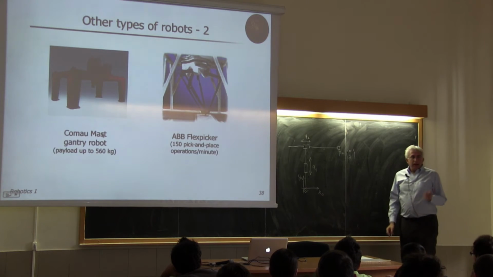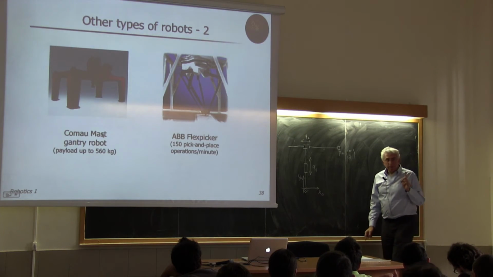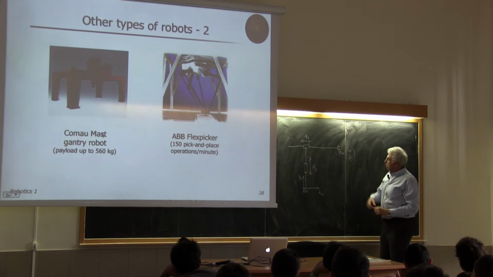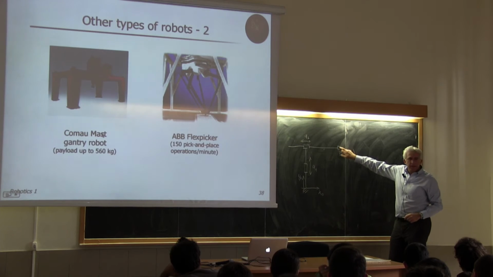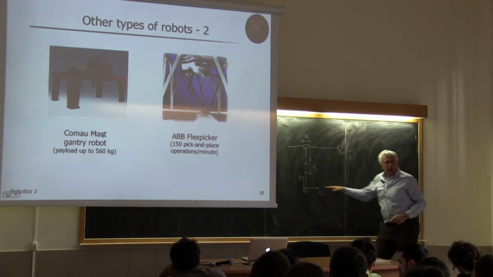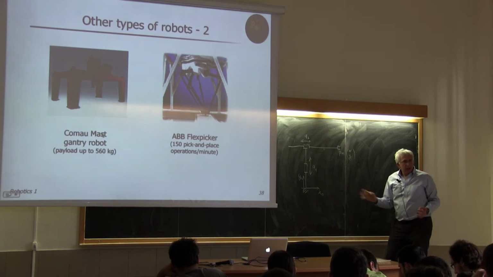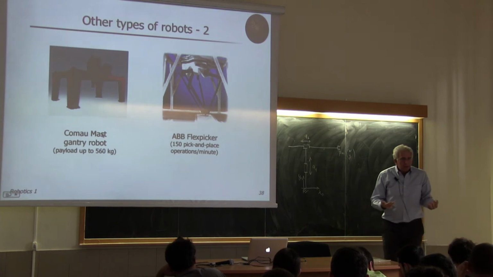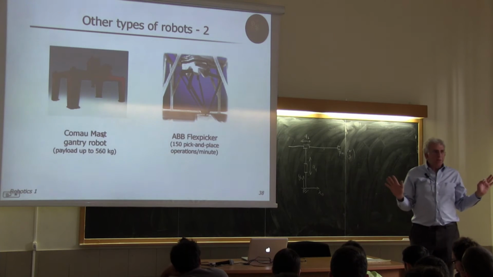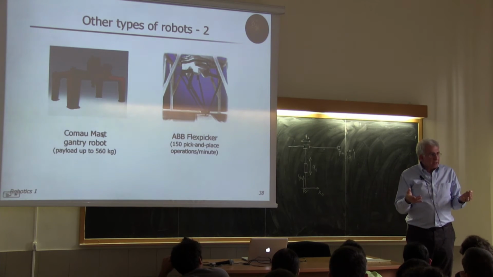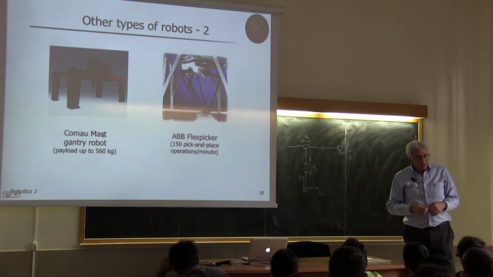Okay. There's another aspect. Pay attention. This is one case. But of course, I could position this end effector by first moving along the x-axis and then moving along the y-axis. This would be just another sequence, fully feasible. But it's a different robot. So the sequence matters.